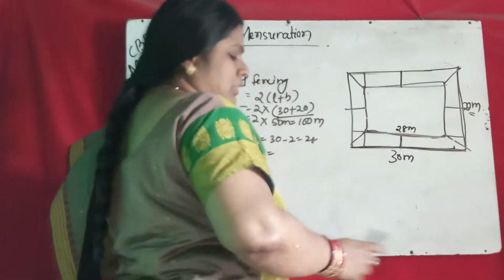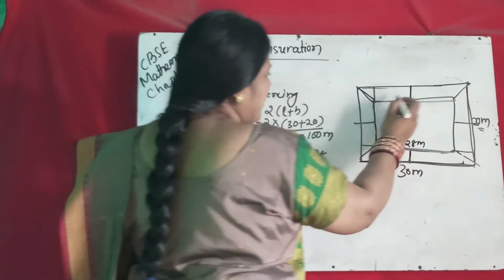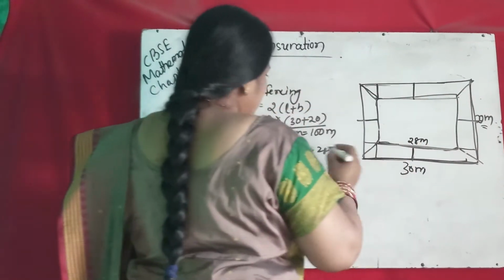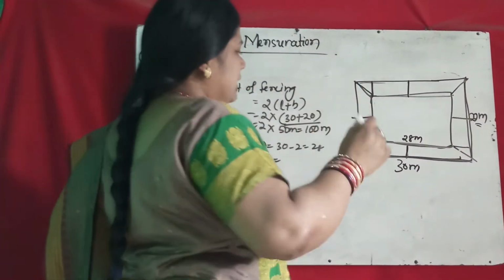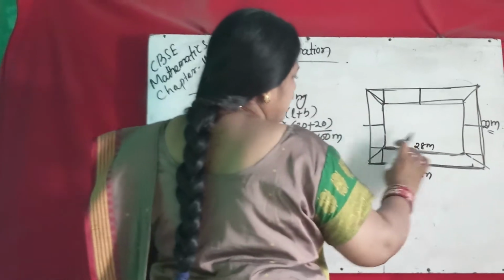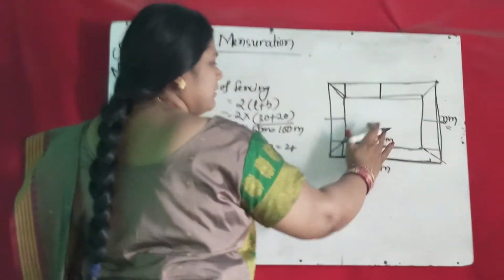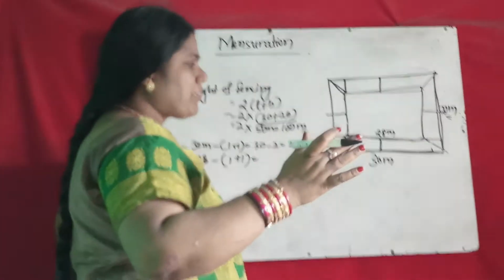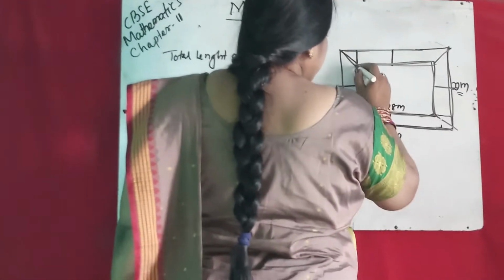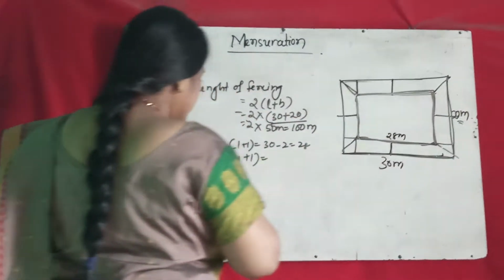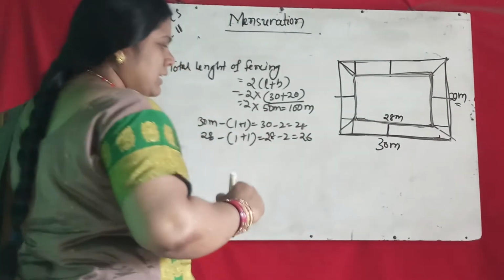In this part, one question: around the inside of the park there is a cemented path, 1 meter wide. The area of the park means the total area of the park. If you are asked the area of the cemented path, the area of the way, then you have to find the total area of the park and the area which is not cemented. For that you must know the inside length and breadth which is not cemented. That's why I subtract here. So it is 28 and 20 minus 2, equal to 18.